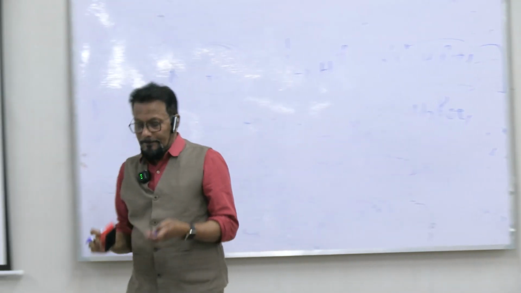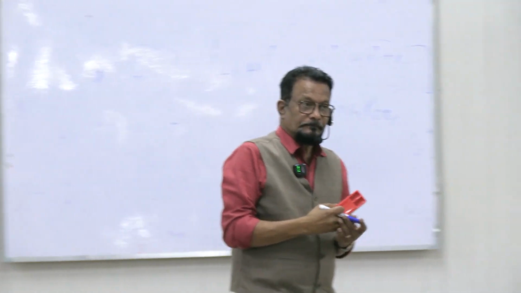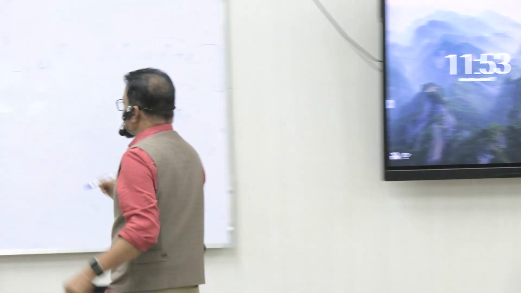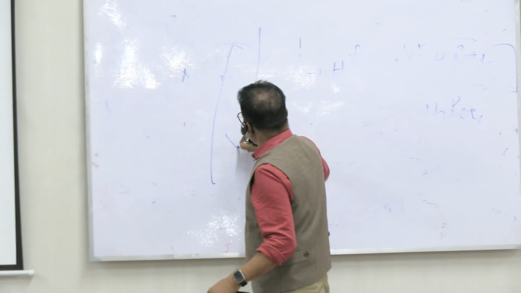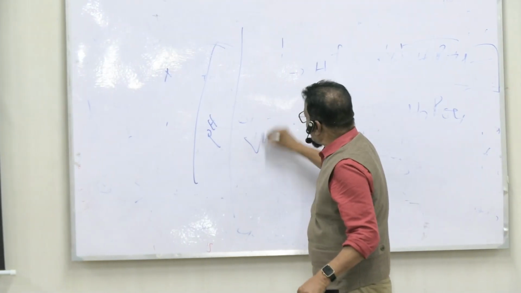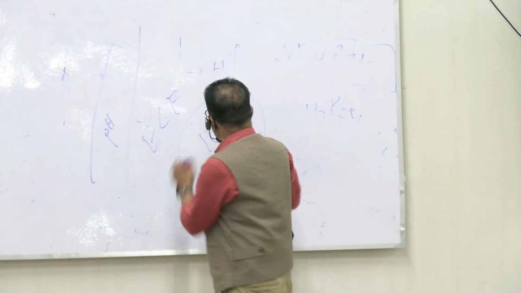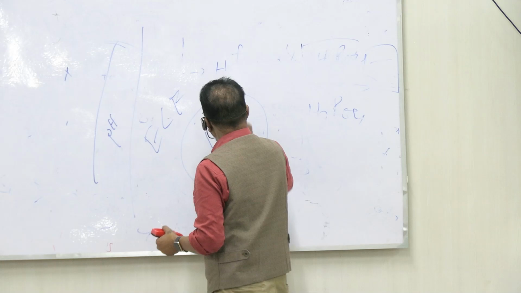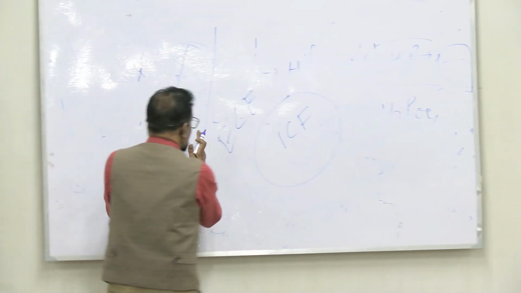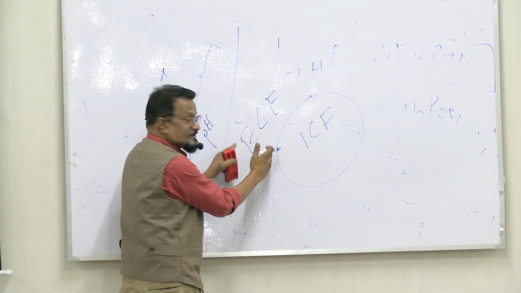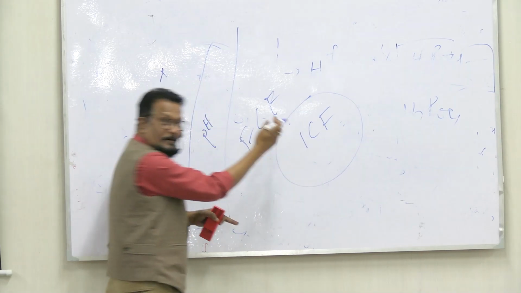This buffer is actually prevalent more in the tissue, in the extracellular fluid. See, if blood pH is changed, here is the blood vessel, and here is the ECF, and here the ICF. Blood, extracellular fluid or interstitial fluid, and intracellular fluid.